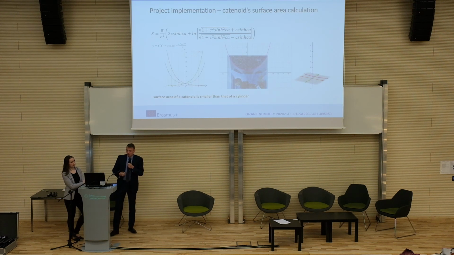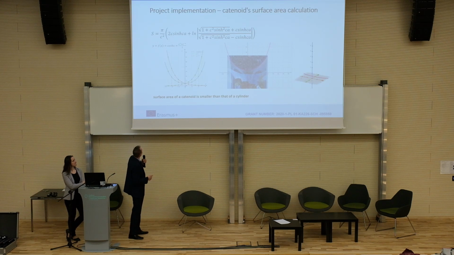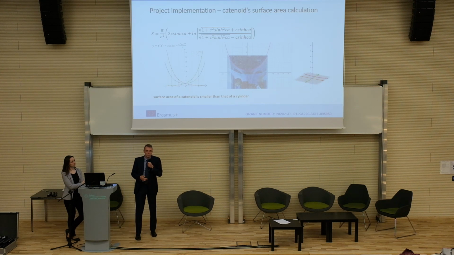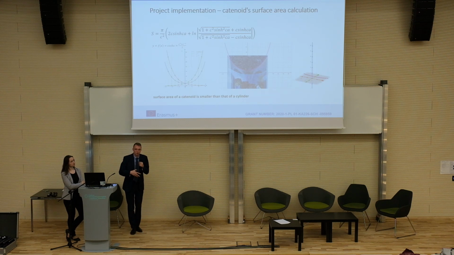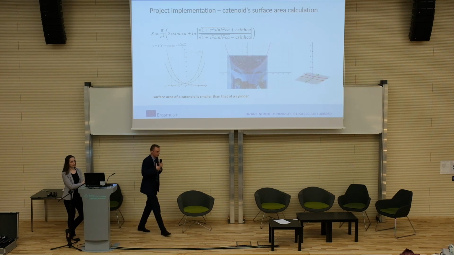Now, the calculation of catenoid surface area. We see a formula on the top of the page. The formula was pre-made for the purpose of calculation, so it wasn't provided by the students.